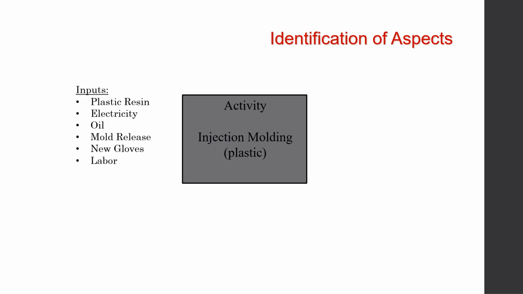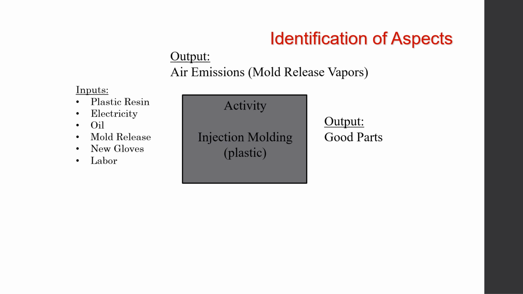You look at the inputs to the process, be it plastic resin, electricity, oil, mold release, new gloves, labor, et cetera. Hopefully you're going to output some good parts. You may output some air emissions, vaporization of that mold release, and then various waste streams could come from that process. So based on this input and output analysis, we want to strive to identify the aspects related to that activity.